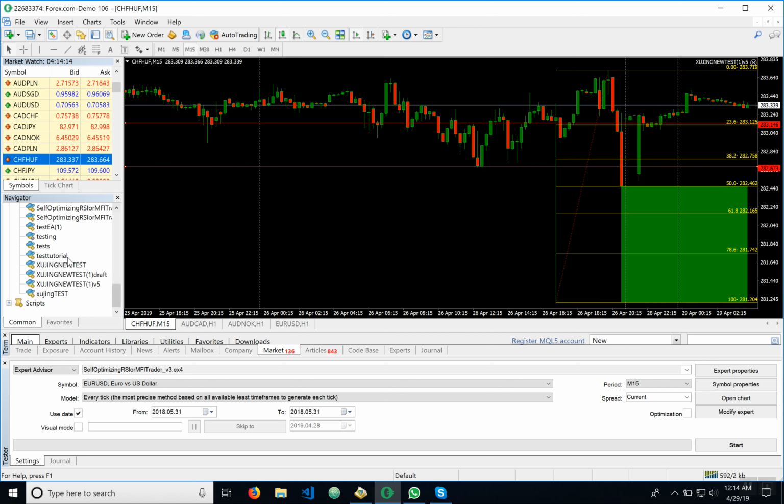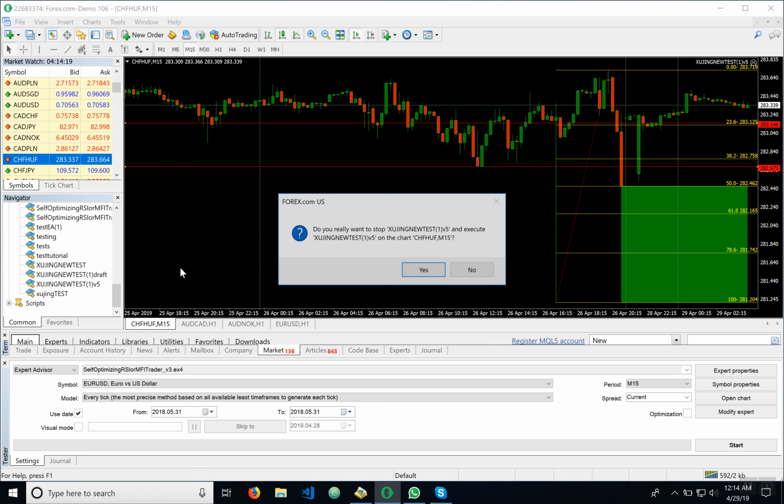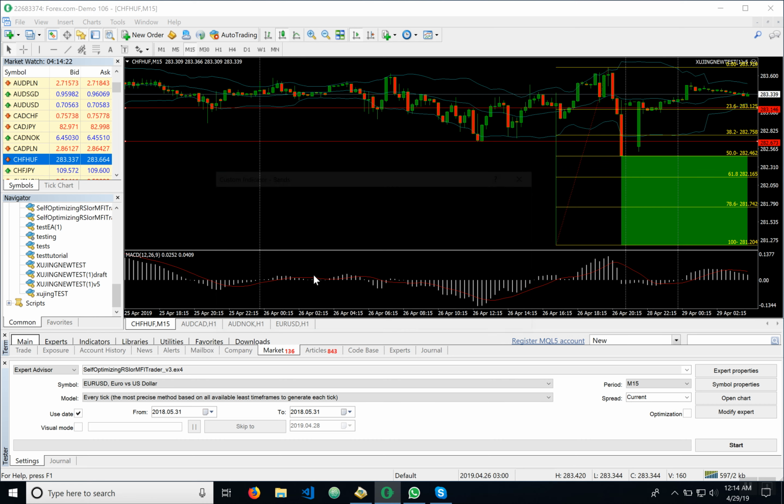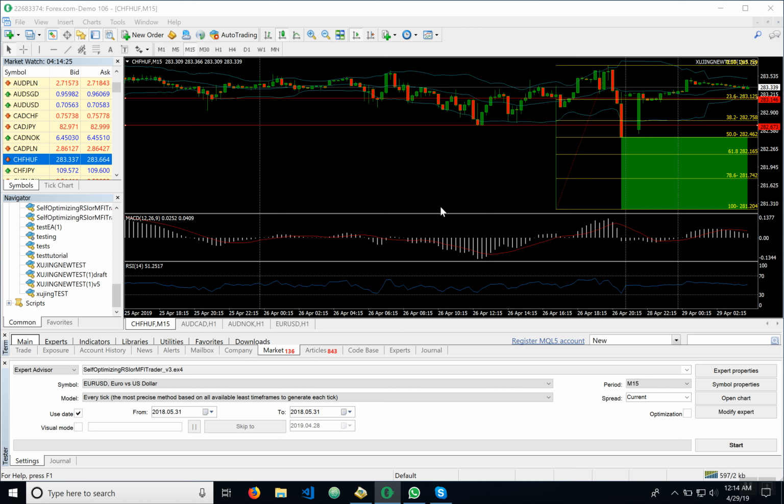So let's see, we just pull this in. And as you can see, it drew the Bollinger Bands, and loaded the MACD and the RSI indicators on the chart.